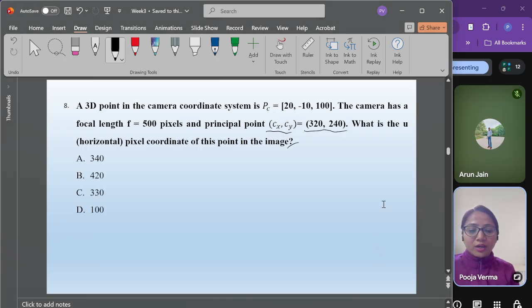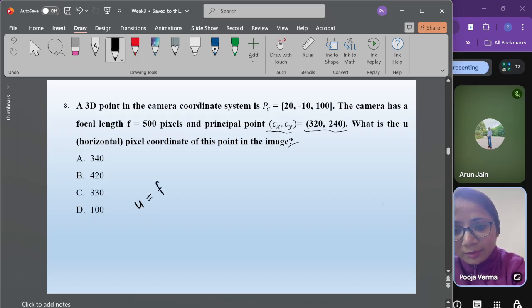You know the formula. A 3D point P with X, Y, Z in the camera coordinate system is projected onto a 2D image plane. The horizontal pixel coordinate u is calculated using the focal length fx and the principal point cx.